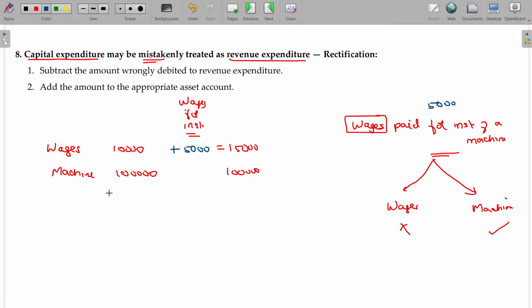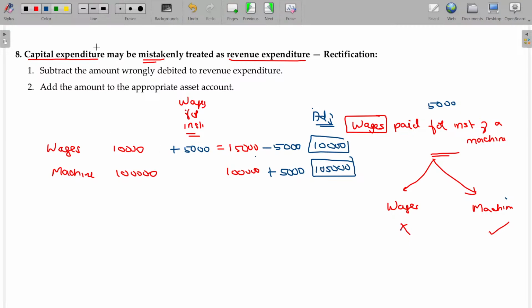It should be added to the machine, not wrongly added to the wages. So rectification will be done this way. You have to subtract from here and add here. So then the adjusted or correct value being wages being 10,000 and your machine being 1,05,000. This will be the corrected one.